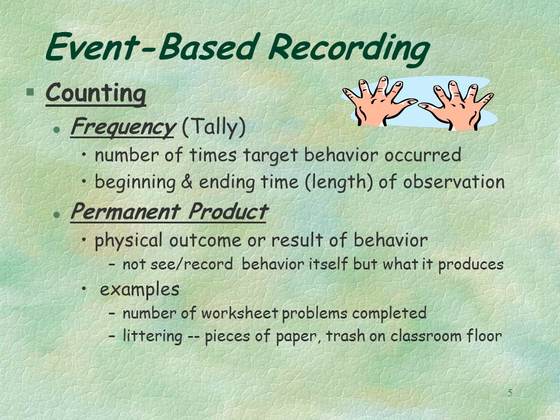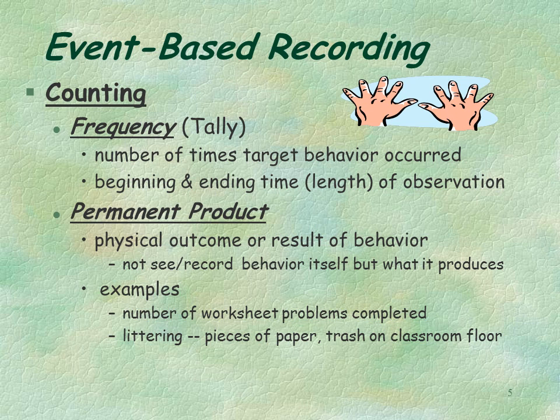Frequency counting or frequency recording is the simplest form of measuring behavior. You're simply making some kind of entry each time a behavior occurs. However, as with all the methods of data collection, it's extremely important that you have a very good definition of what the behavior is.